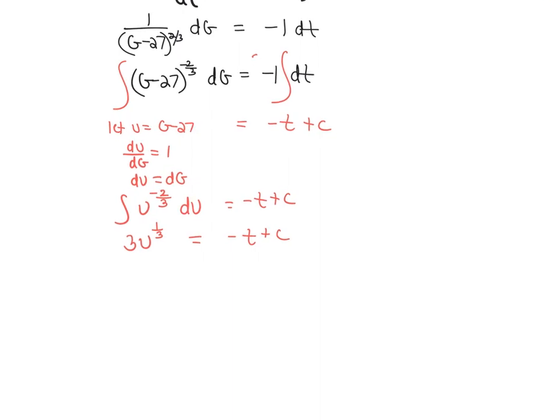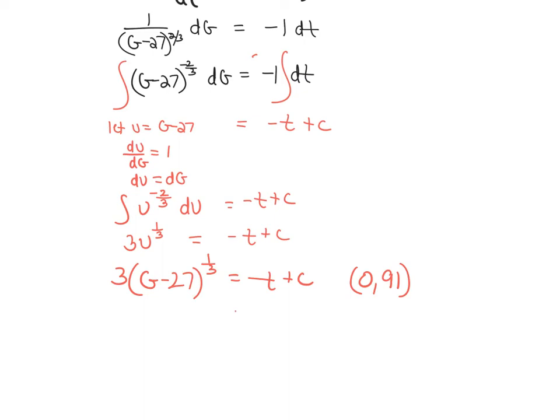And then we can plug our u value back in. So we get 3 times G minus 27 raised to the 1/3 power. And we want to find our particular solution that satisfies the given information, which is that at time t equals 0, the internal temperature of the potato is 91 degrees Celsius.